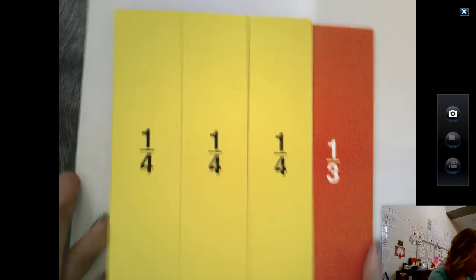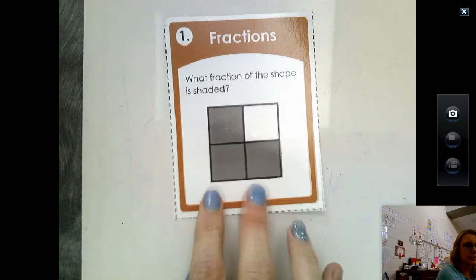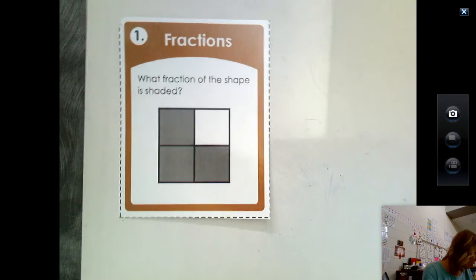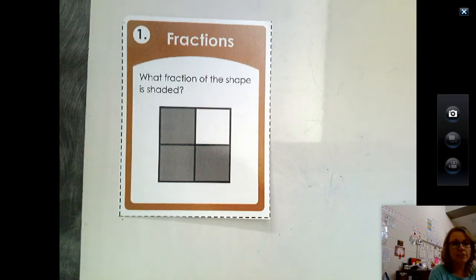Okay, now when you look at a fraction, it looks like this. If we're deciding on how to write fractions, well, fractions are not hard. The first thing you have to do is find out the total number of pieces.